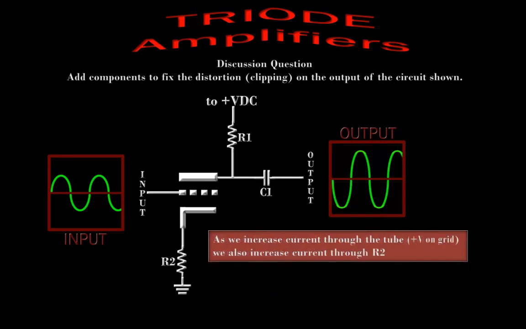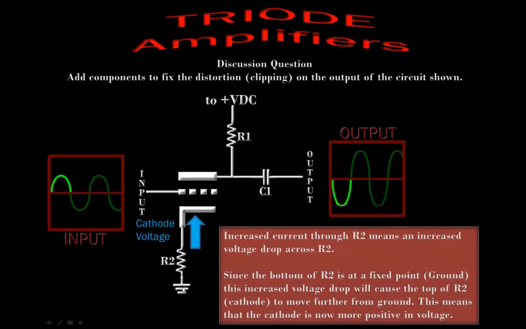So why is that happening? As we make the control grid more positive and increase current flow through the tube, we're also increasing current flow through R2. That increased current flow through R2 creates an increased voltage drop, making the cathode voltage higher or more positive.